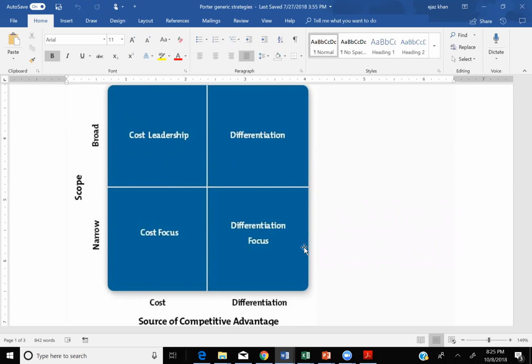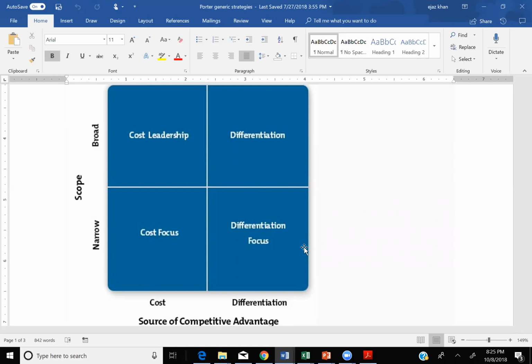One of the examples in this regard will be Samsung. If you look at Samsung's product portfolio, you will see the Note series and the Galaxy S series targeting a particular niche market. They both are actually high-end products offered to a particular class of customers.